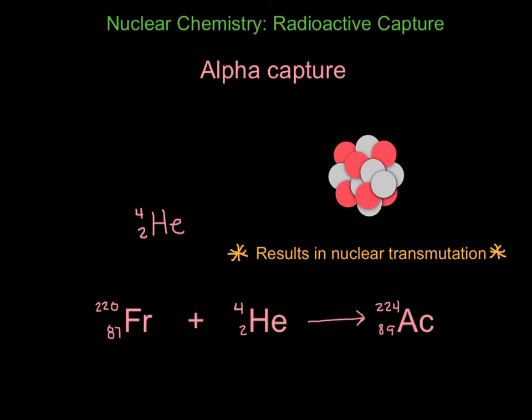And once again, as we've seen with all of our nuclear equations, the sum of our atomic masses is the same on the reactant and the product side. So 220 plus 4 equals 224. 87 plus 2 equals 89.